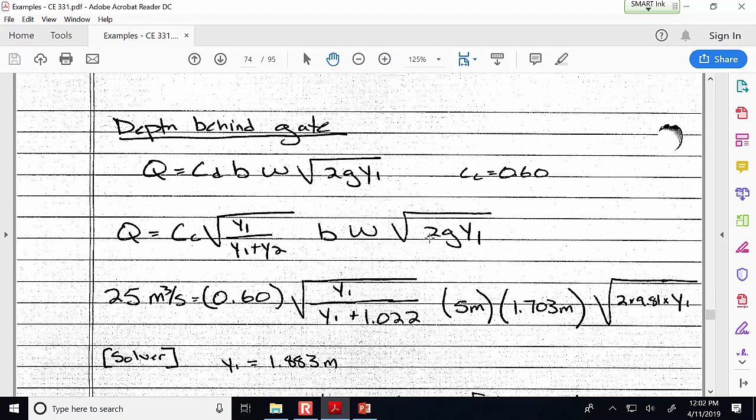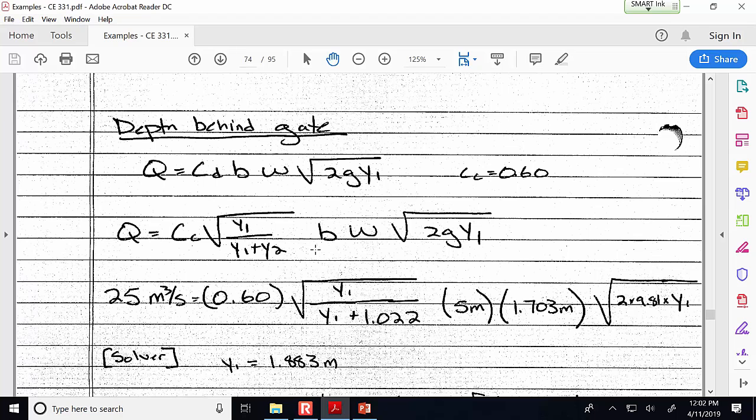And so this is going to be a little bit tricky because the unknown is going to be in a few different spots in the equation. The Y1, the upstream depth that we're trying to solve for, well, that plays into the coefficient of discharge, and then it's also in the orifice equation. What we're saying in the orifice equation is that the flow rate through this opening is related to the velocity of the water that's exiting the gate.